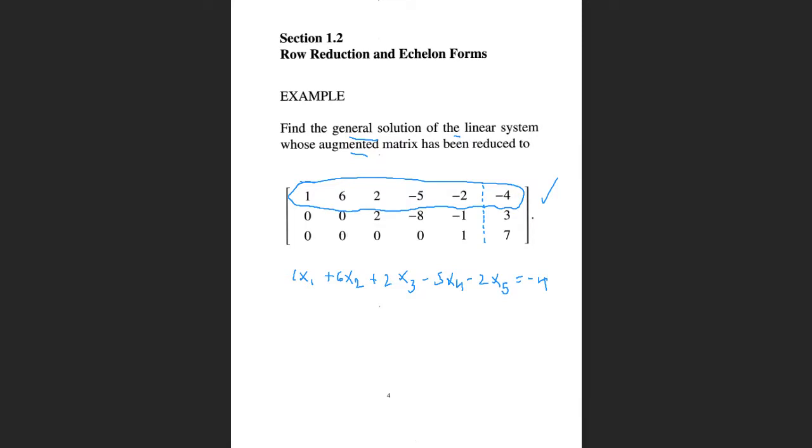So what they're saying is they're giving you a reduced augmented matrix. And by the way, what form is this matrix in? Is it in echelon form or reduced echelon form?